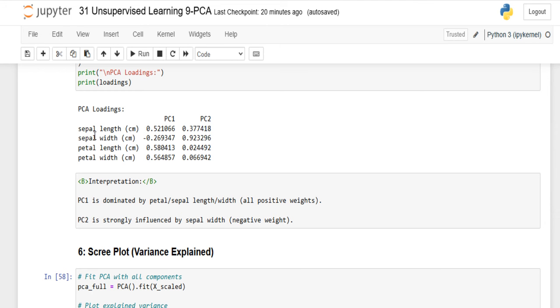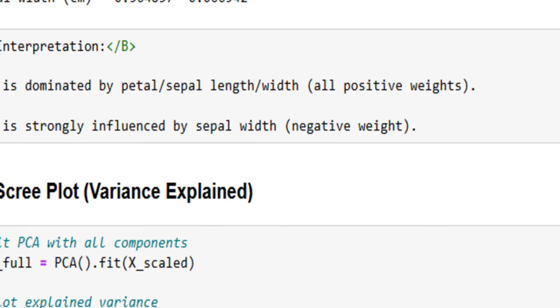You can see them, all positive weights. We are looking at our loading. Now, the loading means the weight, okay? PC2 is strongly influenced by sepal with negative weight, right? You can see the negative is minus 0.269 there.